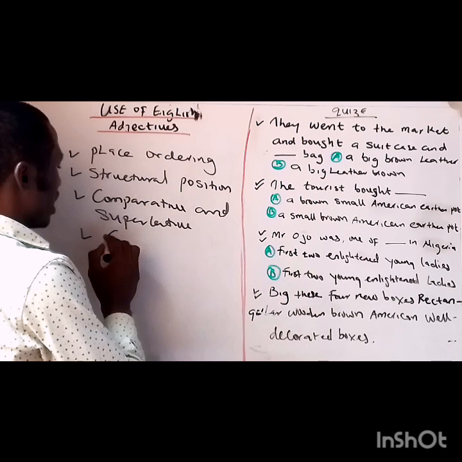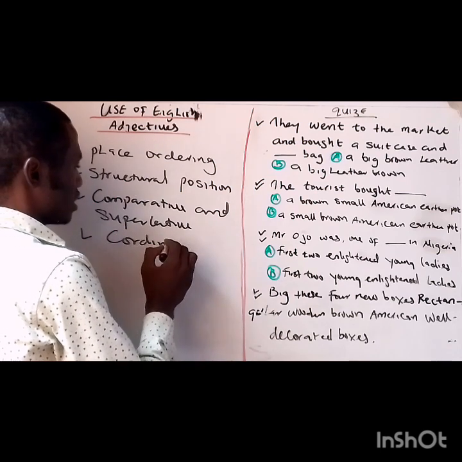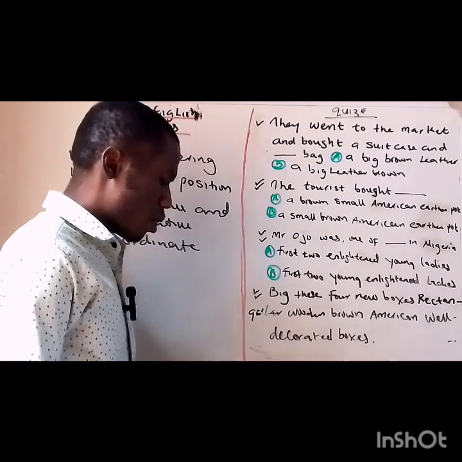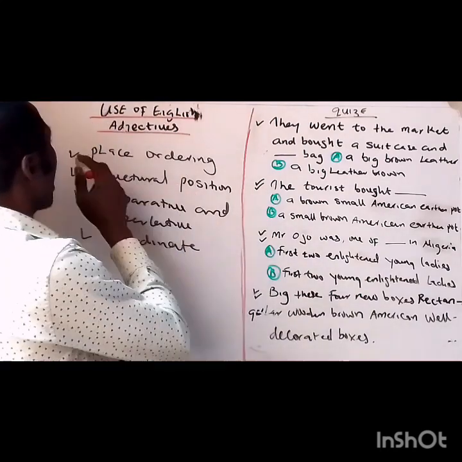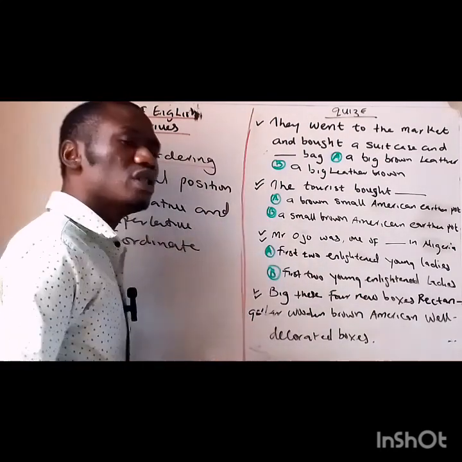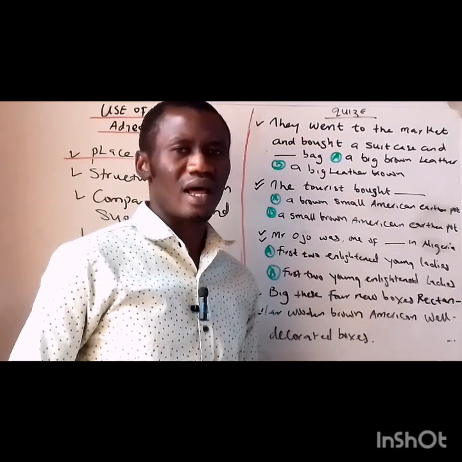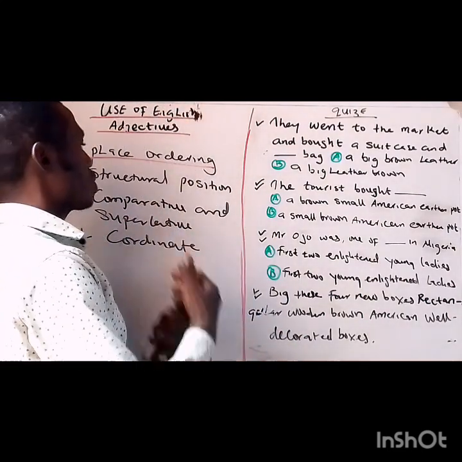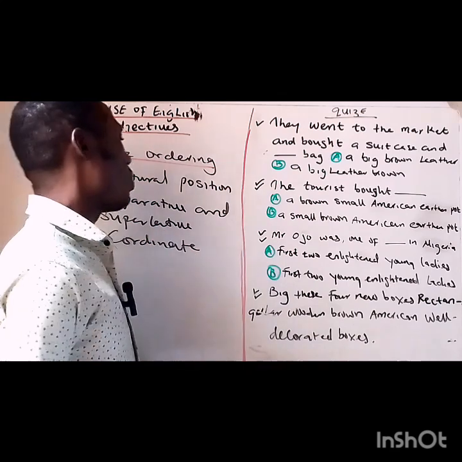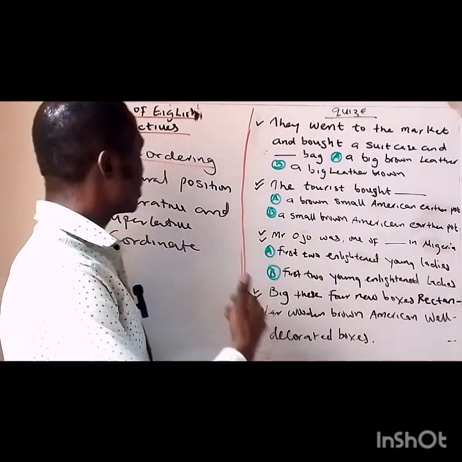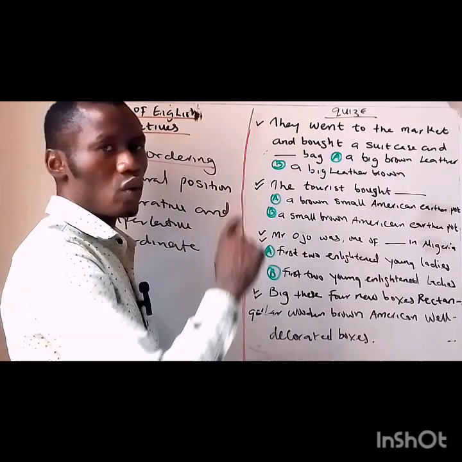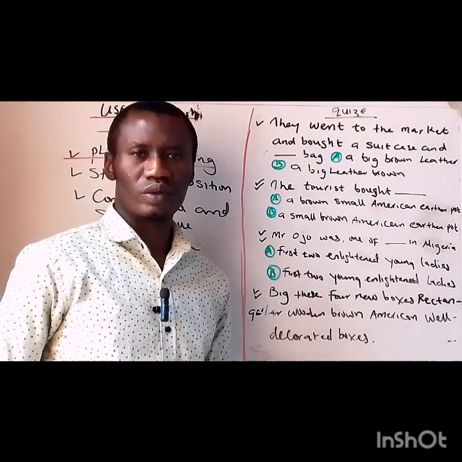And then number four is coordinates. Remember, we're talking about adjectives. But in this video, we'll be looking at place ordering, which is the prerogative for today's class. In our subsequent video, we will look at the structural position, the comparative and superlative adjectives, and the coordinates.